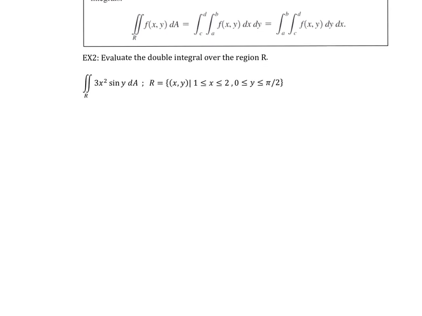So now in example 2, what's really nice about these rectangular regions, if you look at the formula, is when you take your dA, which remember would be dx times dy, you can do it in either order. You could do x first, or you could do y first. Remember, you're working from the inside out.